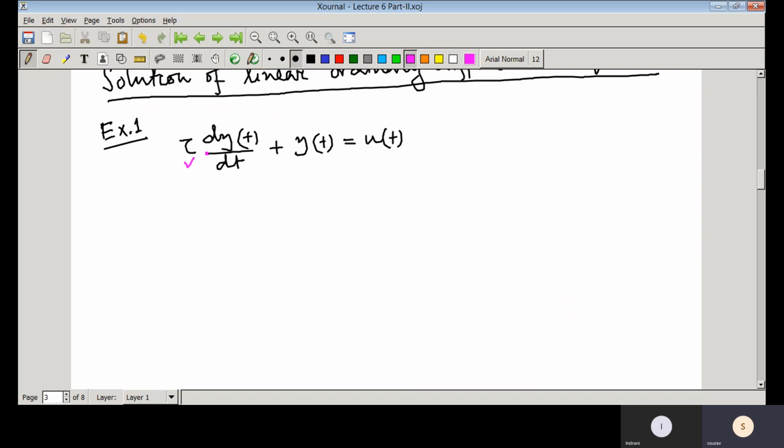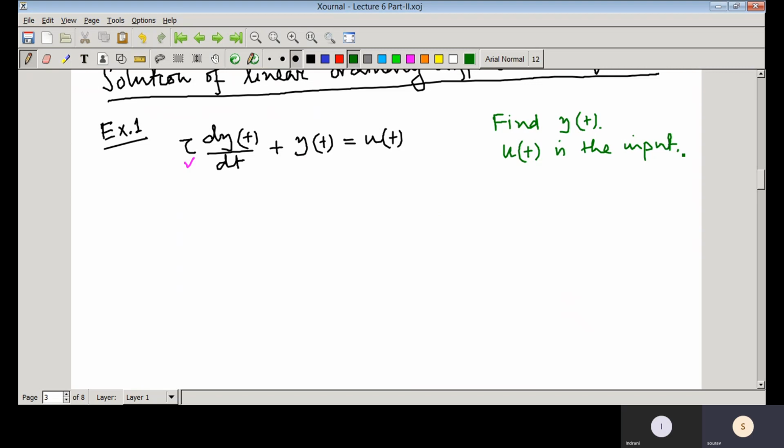That thing we will see later, why it is the time constant. But at present our objective is to find the solution. I'll be trying to give you some physical interpretations of that tau. So what is your objective? Objective is to find y(t), and here u(t) is the input.